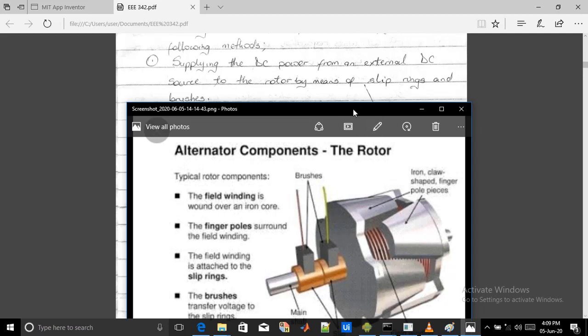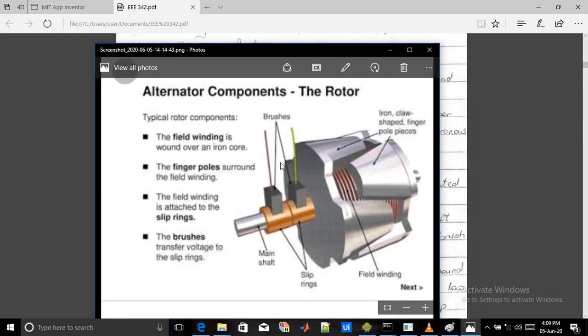So now let me just explain this way. The external DC source, these are the wires, the green and red wires. So now the graphite is serving as a conductor through this metal, this slip ring, then to the field winding. The field winding is here. I guess the connection is done internally in this case.